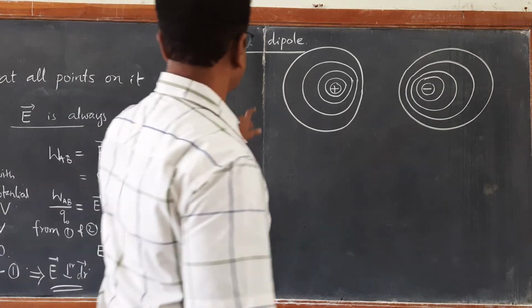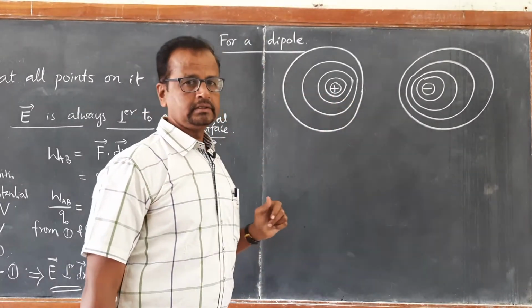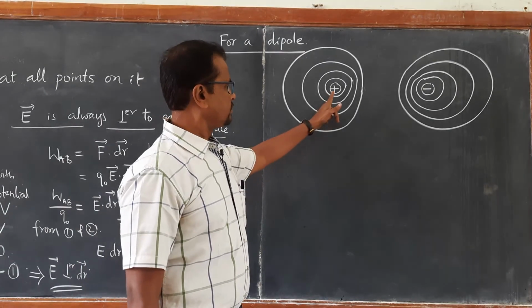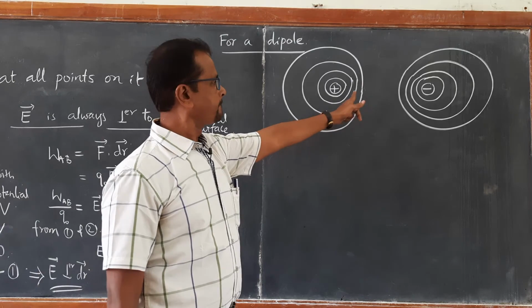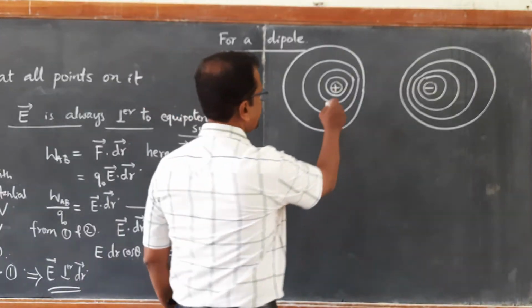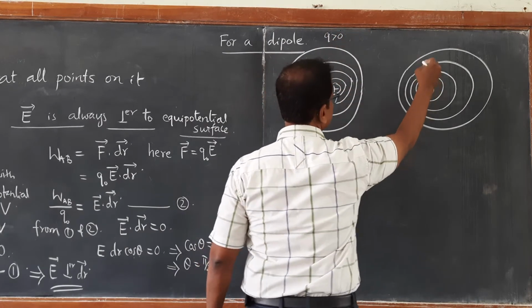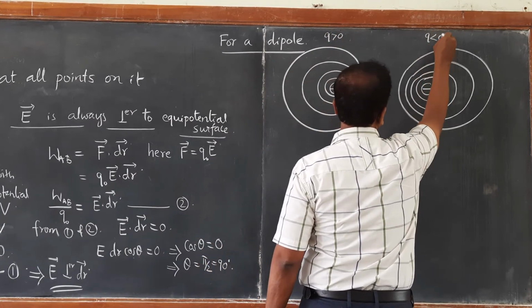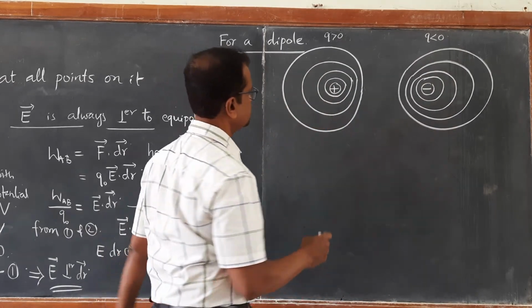Now, look at this dipole. A pair of equal and opposite charges separated by a fixed distance is called a dipole. So, here it is the positive charge and here it is the negative charge, minus q and plus q, and you see the equipotential surfaces.